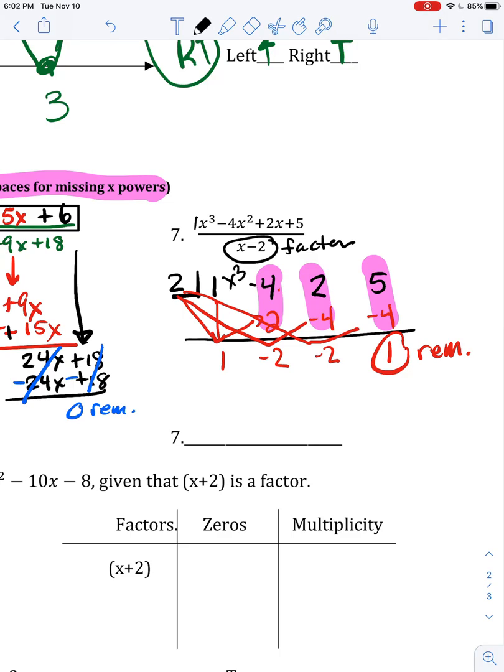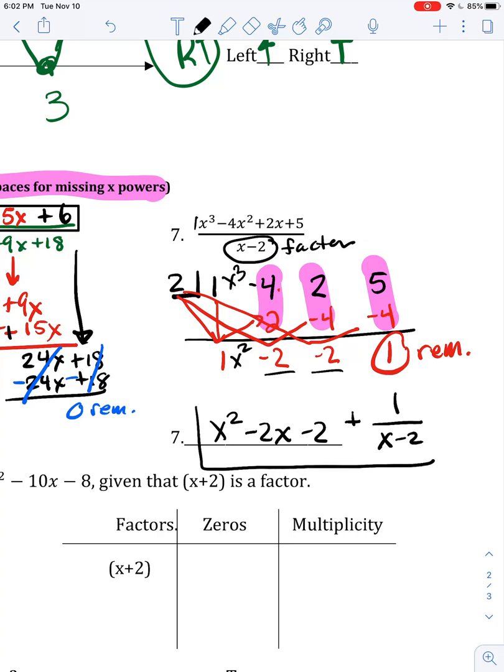And when you perform synthetic division, you're going from whatever power you had to 1 power less. So I end up with 1x squared, and then from here, minus 2x, and then from here, minus 2, and then I add any remainder I got over what I divided by.